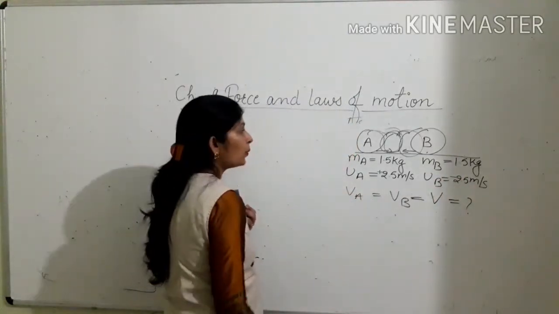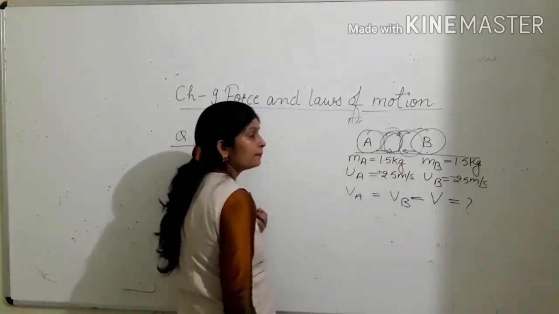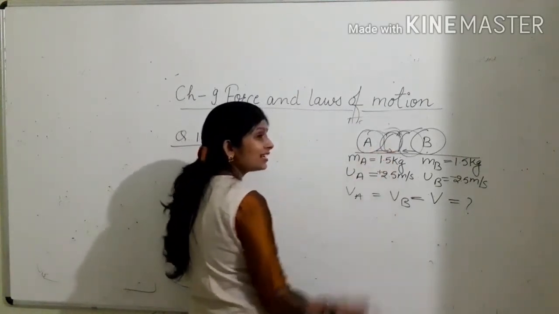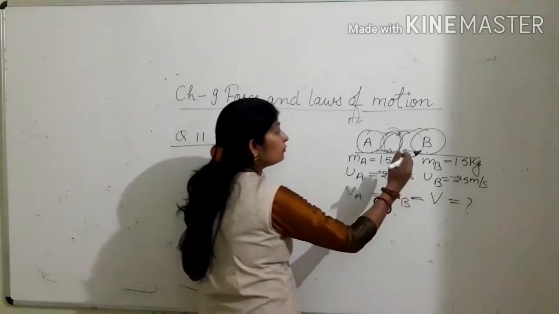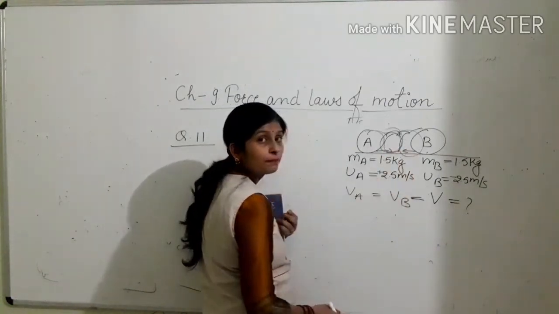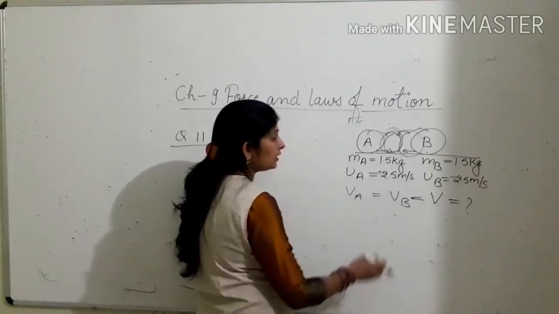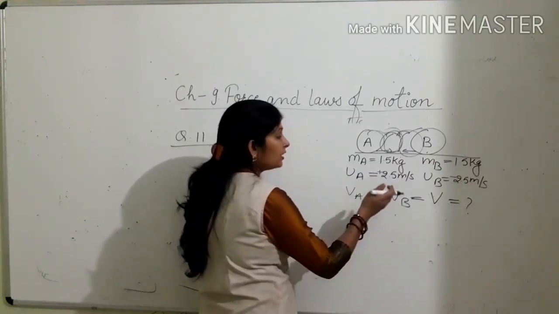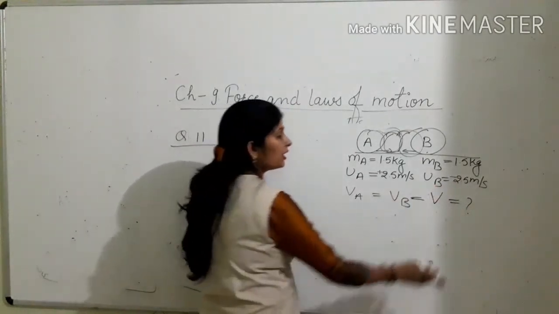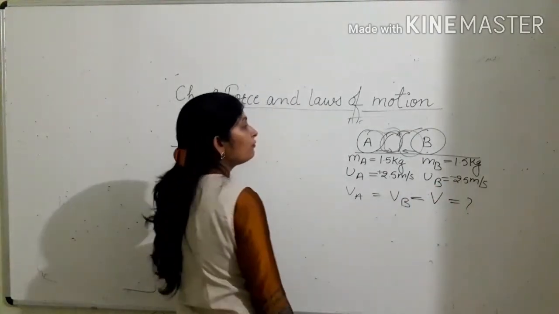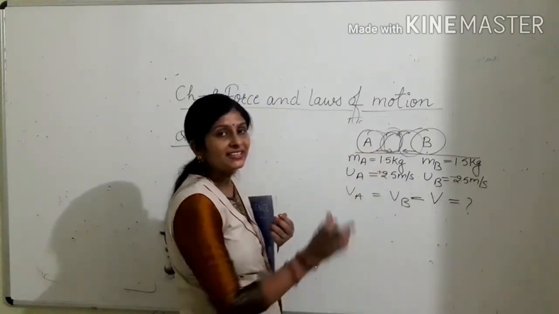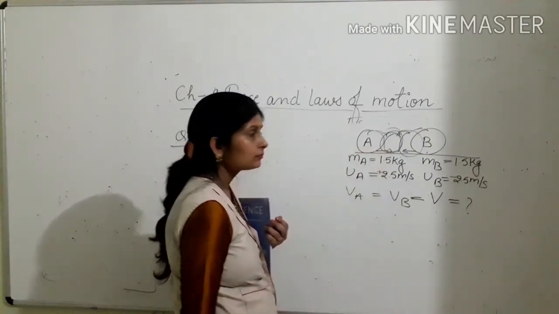Means when they collide, they become a single combined object and move with same final velocity V. So we have to find out the final velocity of that single combined object.